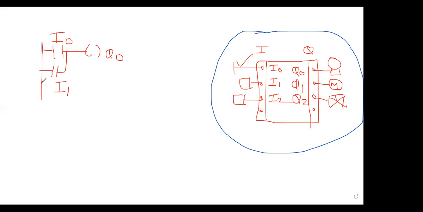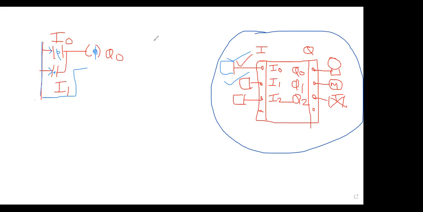Initially, main supply is up to this. Now we go to this one and press this switch. I0 will be on. As I0 is on, supply will proceed, and Q0 will be on. As I turn I0 off, Q0 will be off. Now you press the I1 switch. When you press I1, you see this parallel path, this I1 is high, so the main supply will proceed through the parallel path and reach Q0. Q0 will be on. Done?